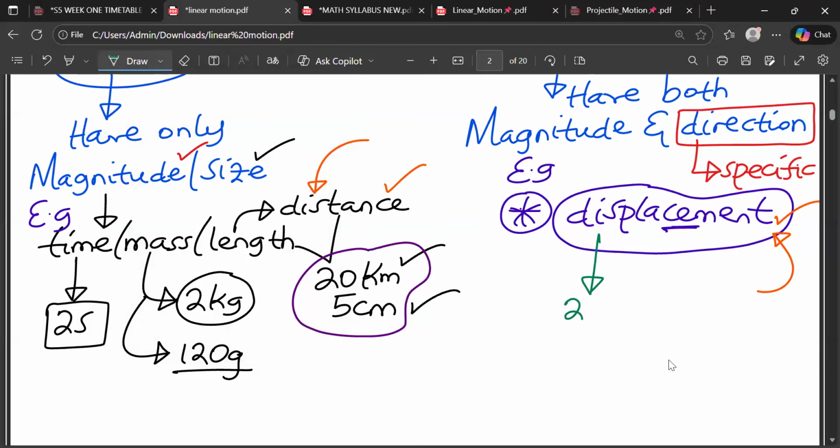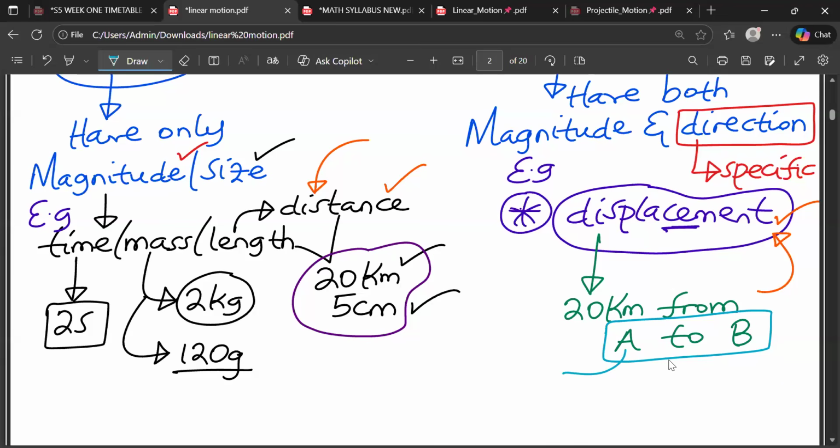Maybe be like 20 kilometers from A to B. Why we are saying from A to B, we are trying to bring out the point of view specifying the direction. This A can be any town. It can be maybe Masaka. And then this one is some other place.